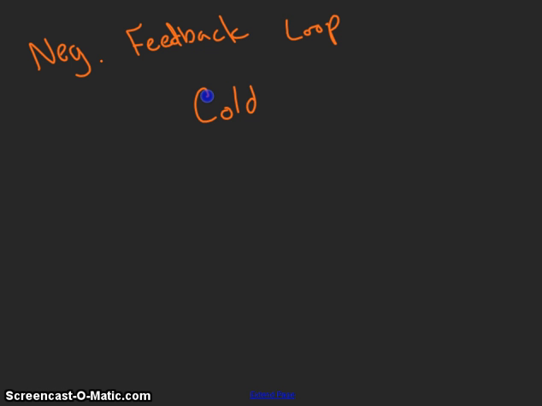So we can actually look at that one. I'm just going to fast forward a slide here for another negative feedback loop. So this is a negative feedback loop, continued. Maybe we're too cold. What are you going to do if you're cold? You're going to start to shiver.